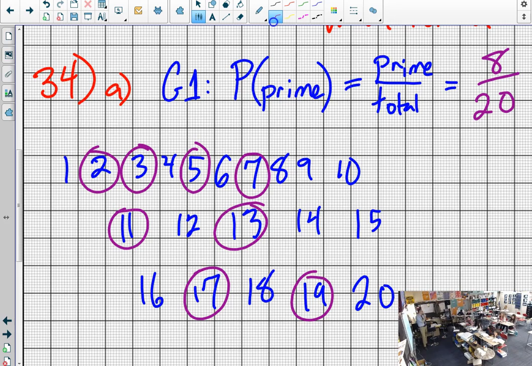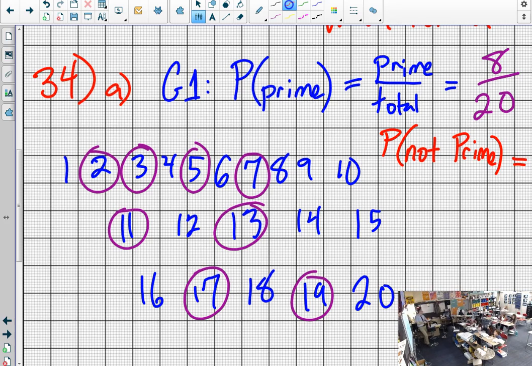I need you and your partner to do this process for game 2 and game 3. But before you do that, if this is the probability that player X wins, then what about the complementary situation, the probability of it being not prime?